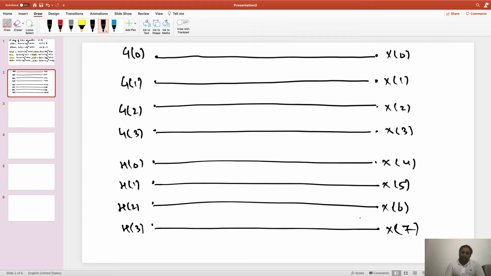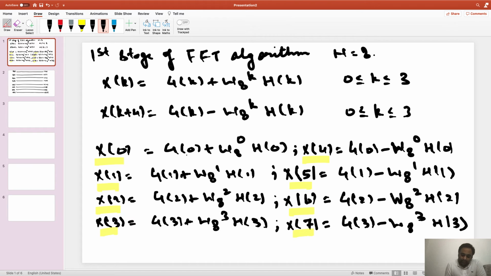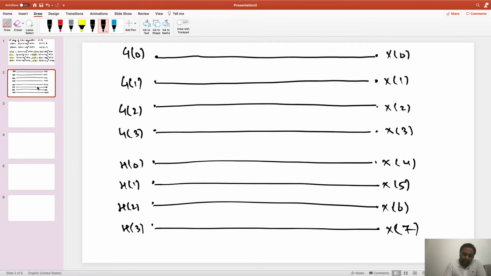Alright, so now let's look at it. X0 is G0 plus W8 to the power 0 H0. So this is how we show it. We have H0, we multiply it by W8^0, we pick it up from here and we take this line all the way here, and G0 is coming from here, so this dot represents their addition and we get X0.